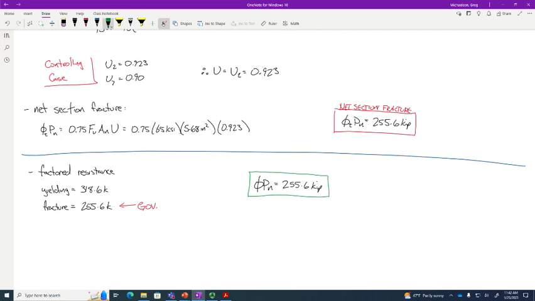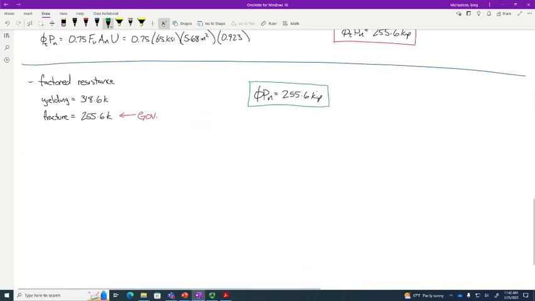All right? Okay. Now, what was I asked at the very beginning? Can the member safely withstand these loads, right? What were those loads again? Remind me. Dead load is 80 kips, and live load is 9 kips. Okay, so what that means is we now need a factored load.